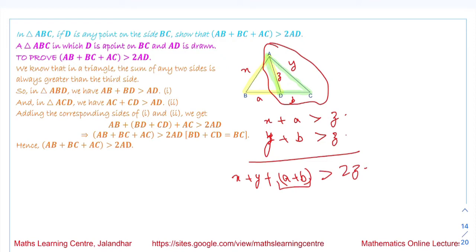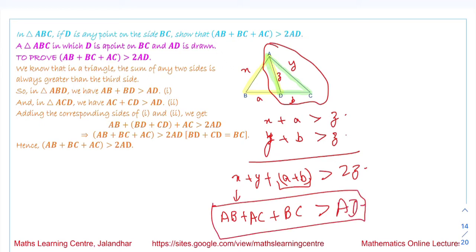Here X is AB, Y is AC, A plus B is BC, and Z is AD. And this is what we have to prove.